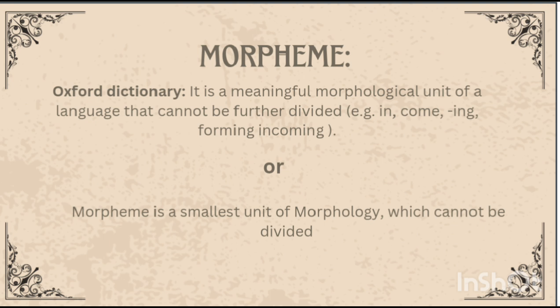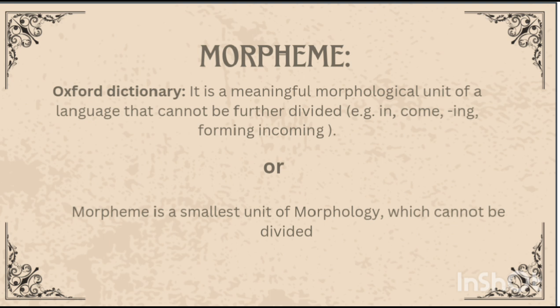So a morpheme is a unit after the sound level which has meaning, because before the morpheme we have phonemes or phones. Phonemes and phones are both sounds, and sound doesn't have meaning without the formation of a word.